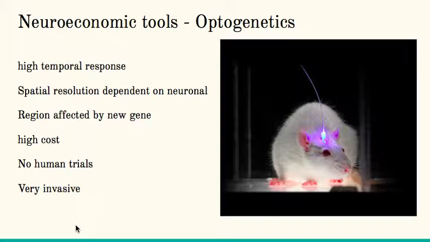So you can basically turn on someone's fear response, or someone's anger response, or any number of things at the flick of a switch. Again, this is only used in mice studies and has not been used in human trials, and will likely not be used.